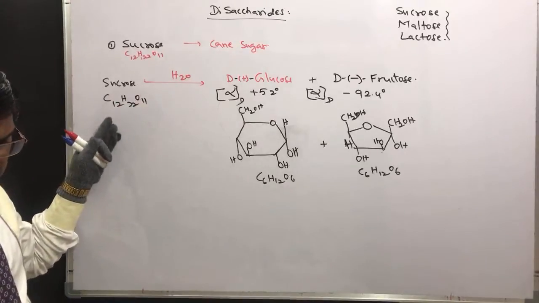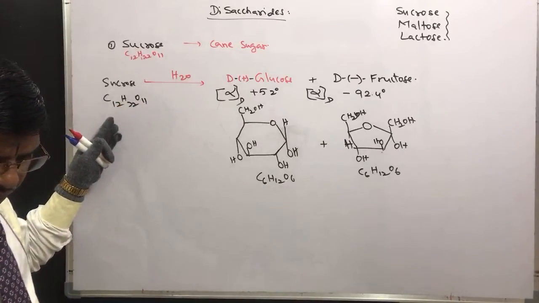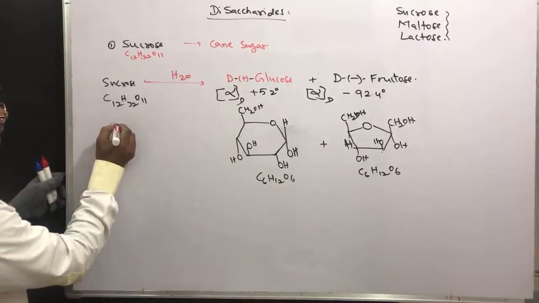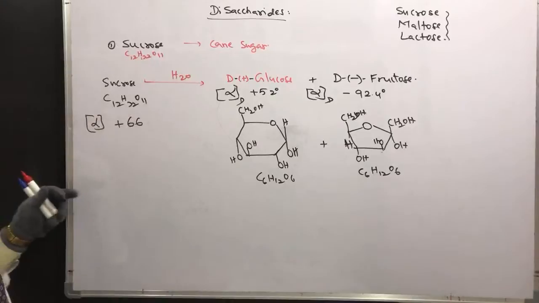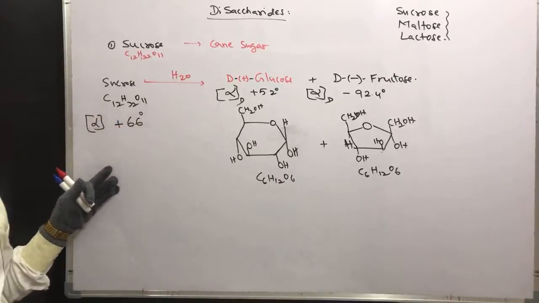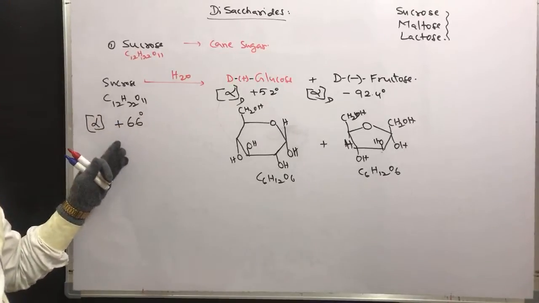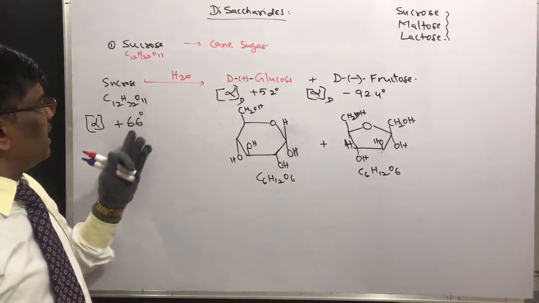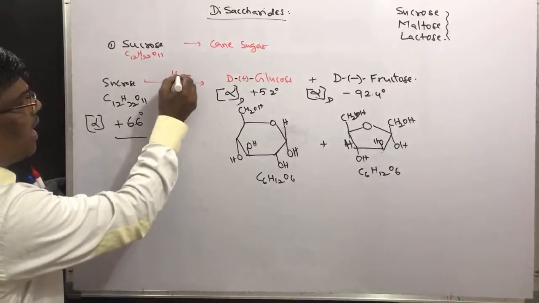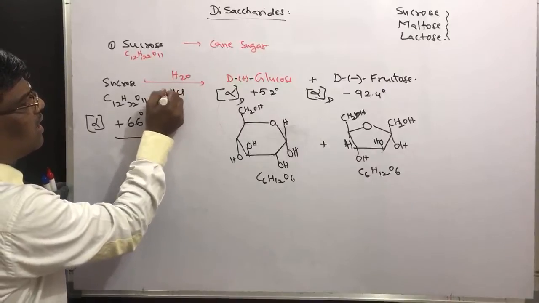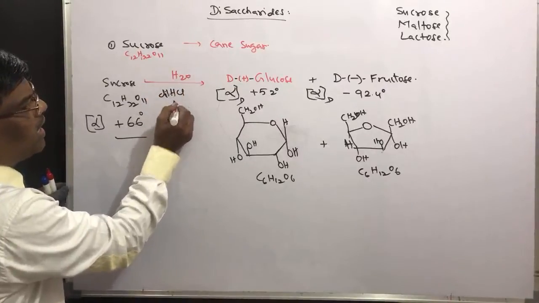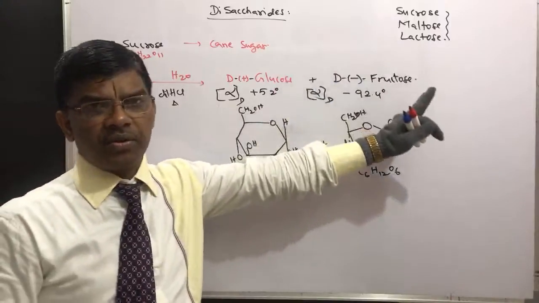So the optical rotation of sucrose is plus 66 degrees. When you start hydrolysis, it is 66. And hydrolysis, how to do? Simply add dilute HCl and mild heating, you are going to get glucose and fructose.